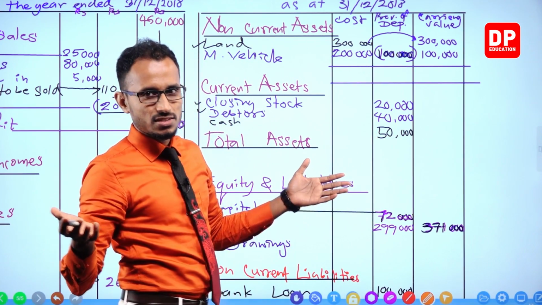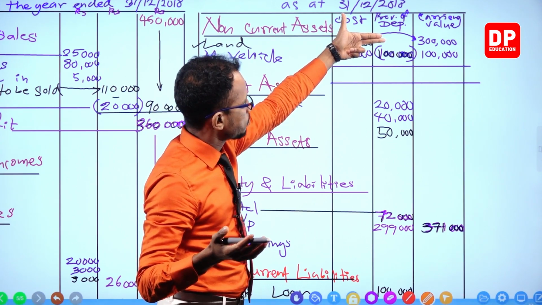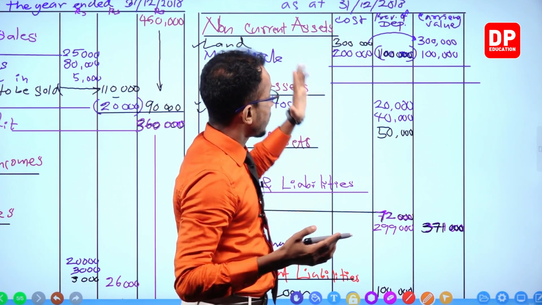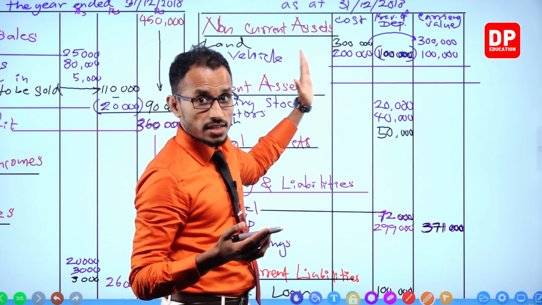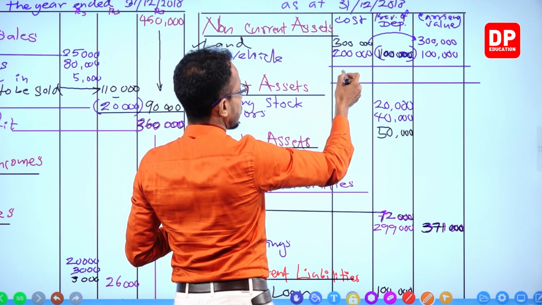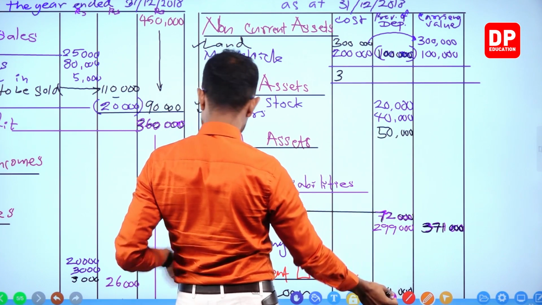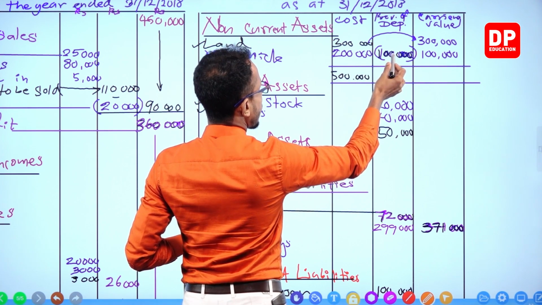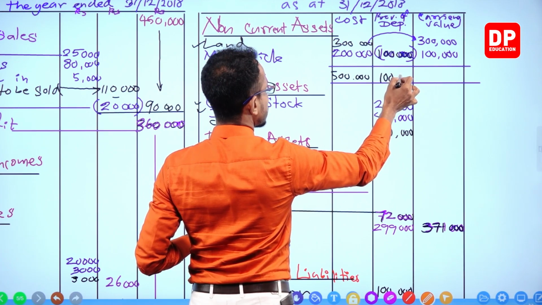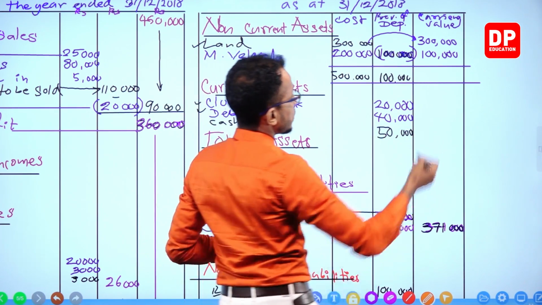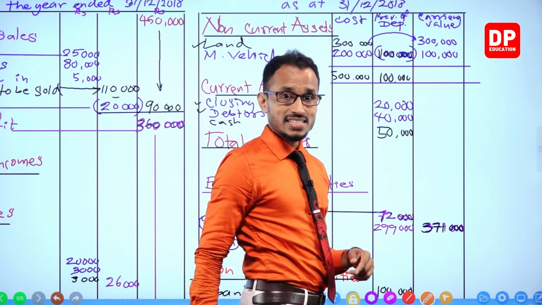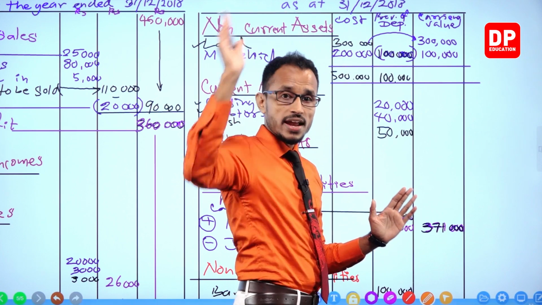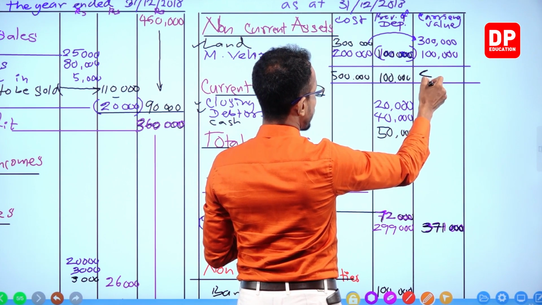Even if you don't take the cost column and provision for depreciation column, it doesn't matter because you only need the carrying value column. But take the totals, take the additions, 300 plus 200,000, it's 500,000. Here only 100,000 is the provision for depreciation. This column is the column that matters, the column that we need. So, abracadabra, that is 400,000.